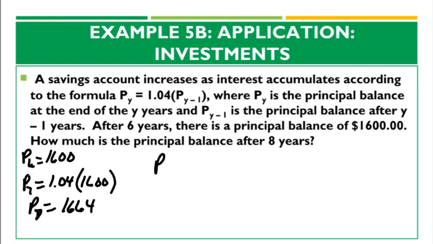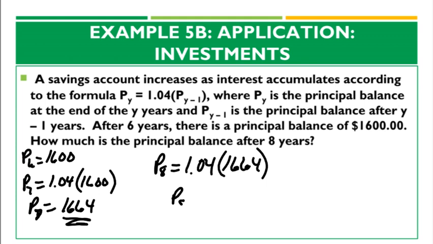So now the principal balance after 8 years, we would take our 1.04, we would multiply it by what we had after the 7th year, which is 1,664. And you would get, after the 8th year, $1,730.56.